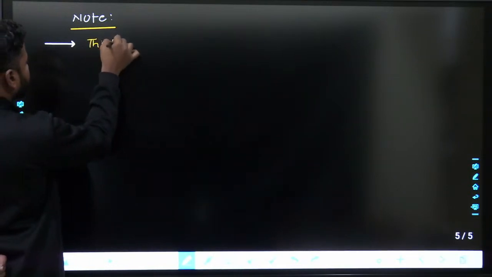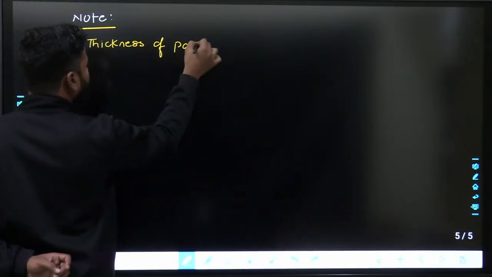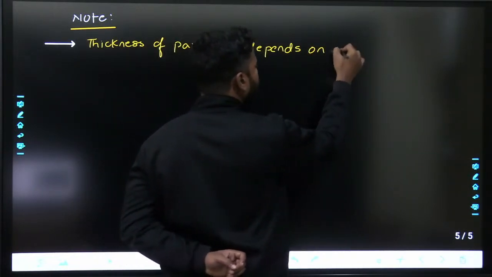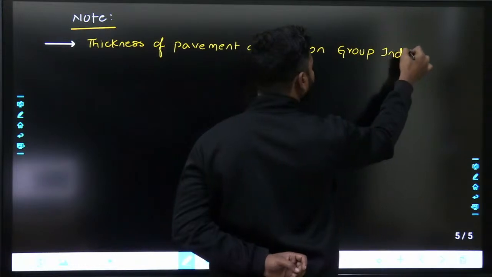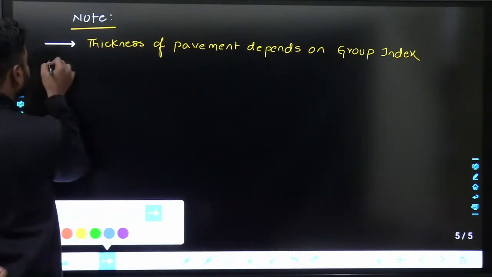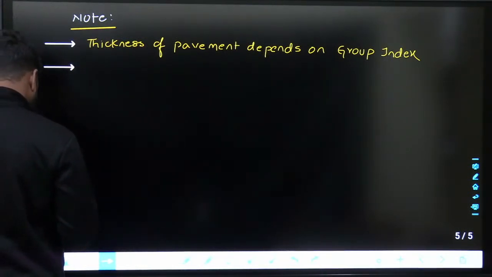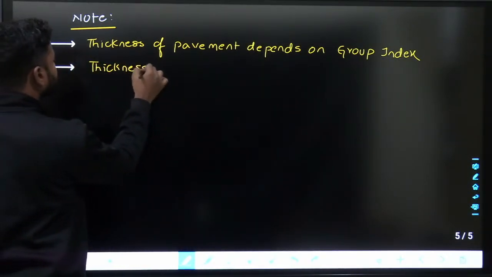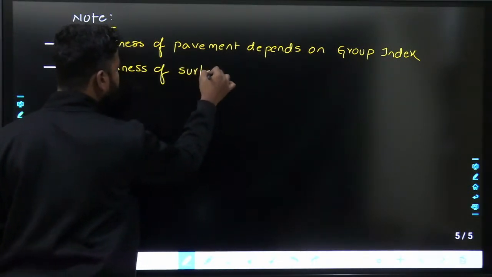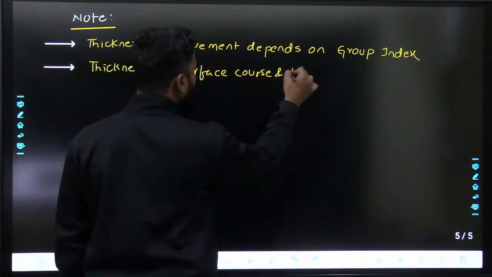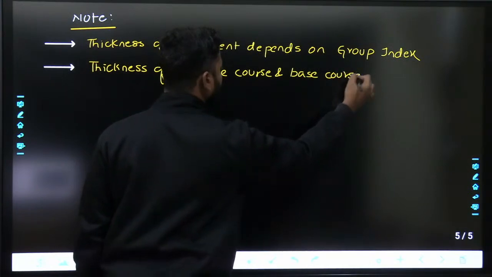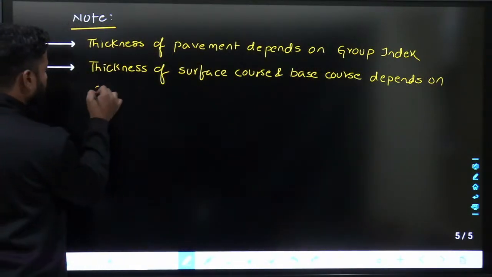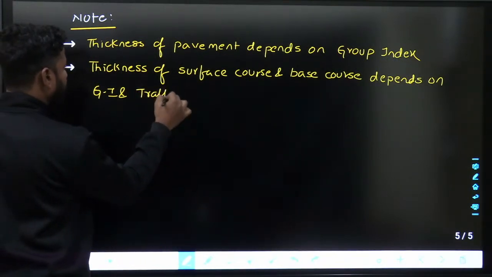The note point would be: thickness of pavement depends on group index, whereas thickness of surface course and base course depends on group index and traffic volume.